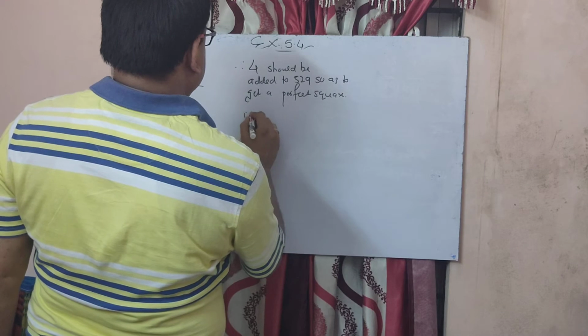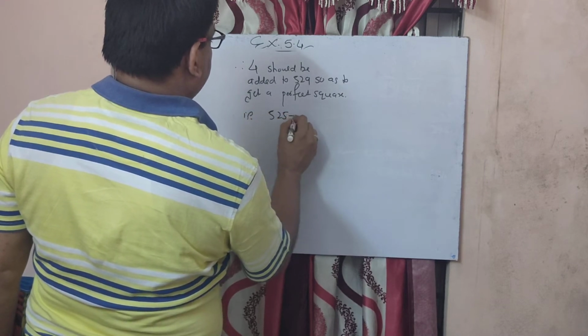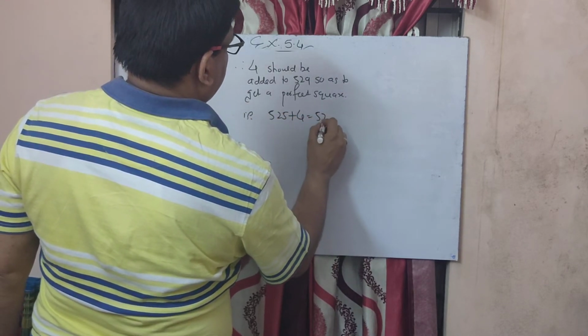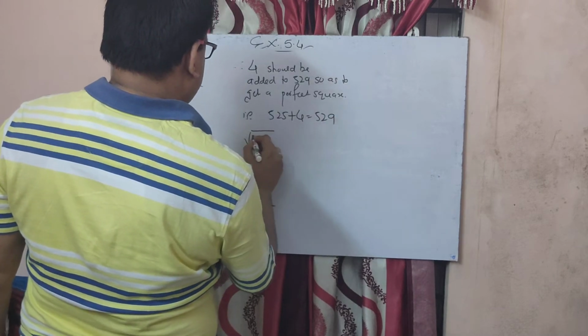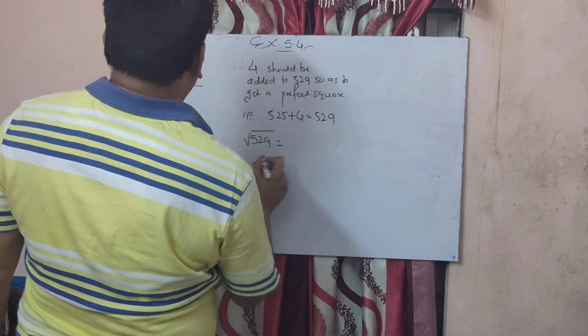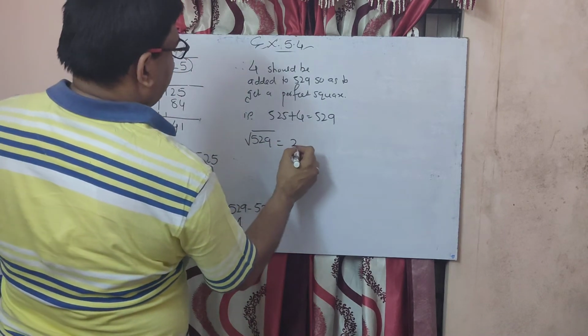That is 525 plus 4, that is 529. Therefore, the square root of 529 is the next number of this, that is 23.